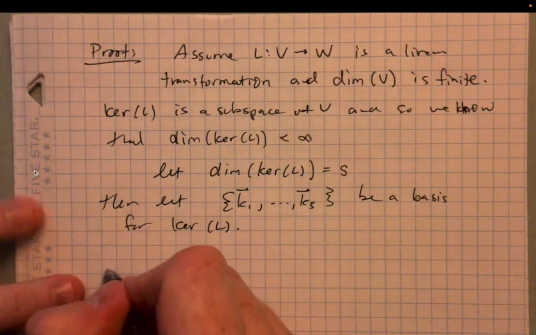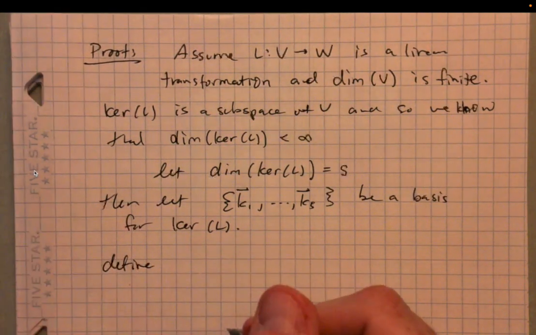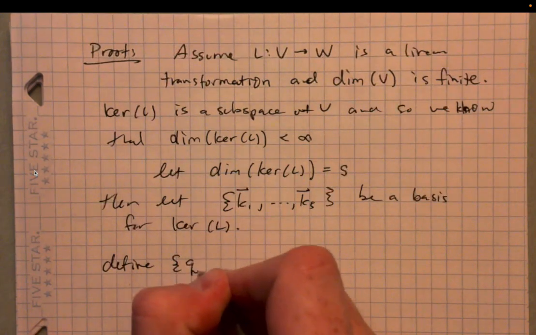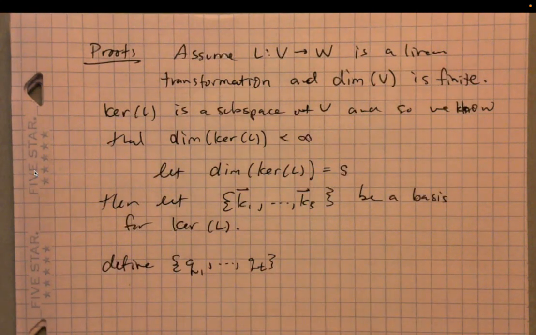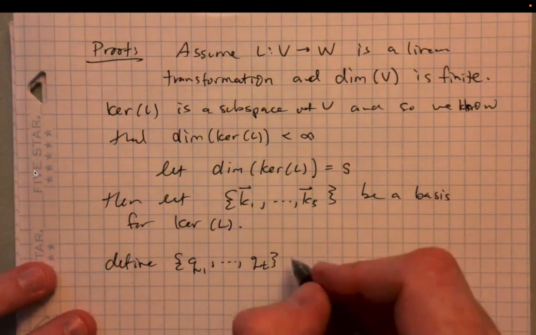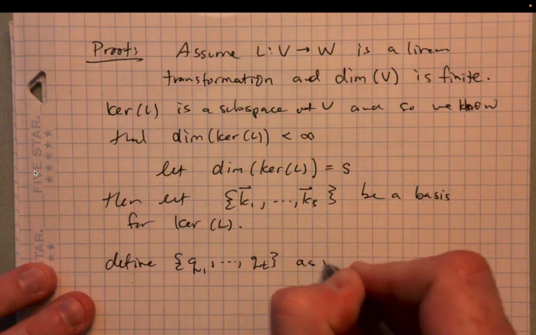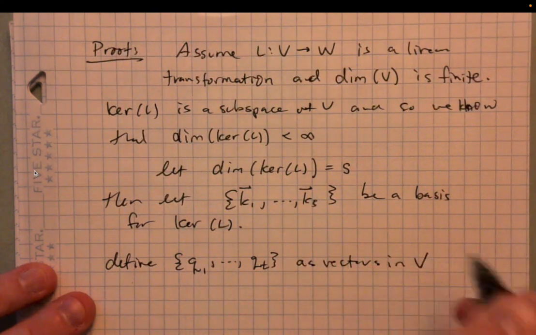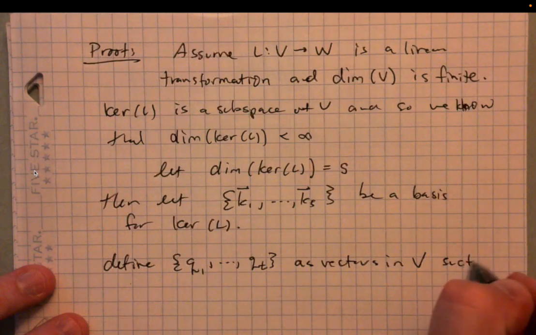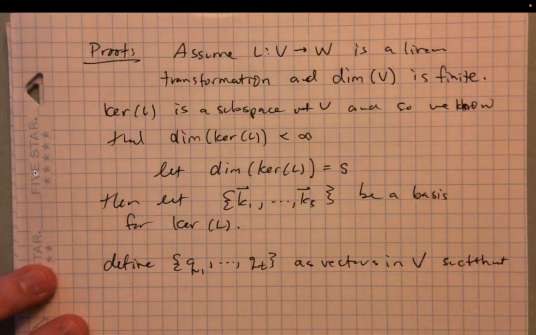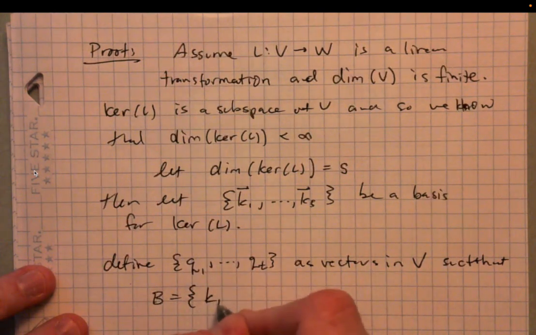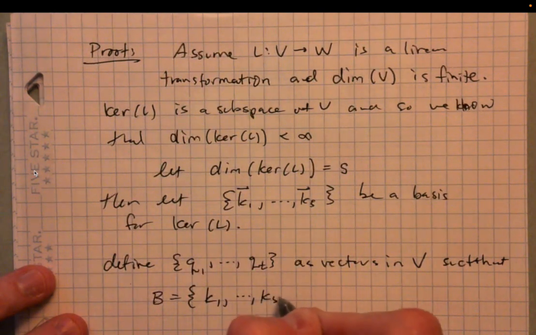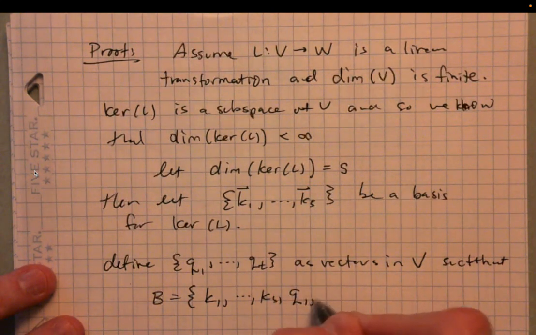And let's define q1 through qt, let's let these be vectors in V. These are going to be vectors in V such that k1, dot dot dot, ks, comma, q1, comma, dot dot dot, qt is a basis.